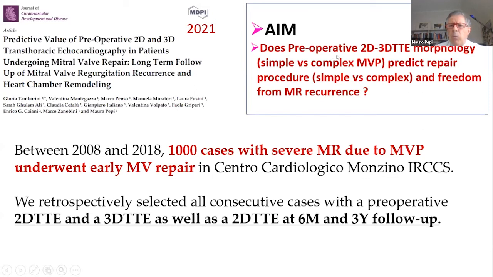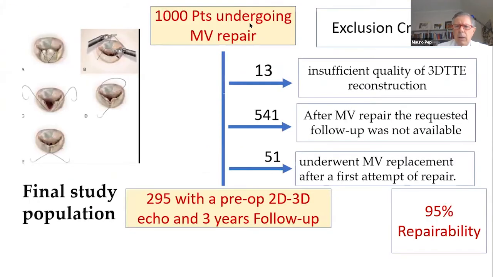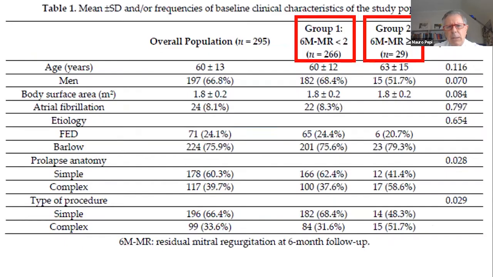And the aim was, does pre-op TEE morphology predict repair procedure, simple and complex, but also freedom from MR recurrence. We studied 1,000 cases, which were selected having optimal quality of 3D and obviously a long follow-up. So we have the final population of 295 cases who had 95% repairability in line with the guidelines.